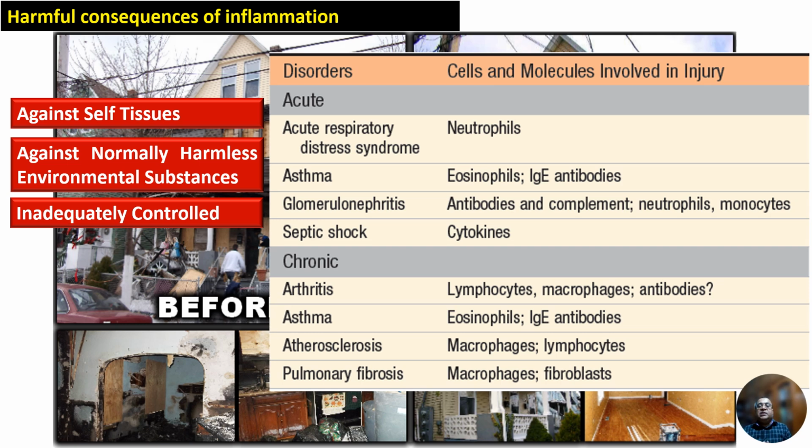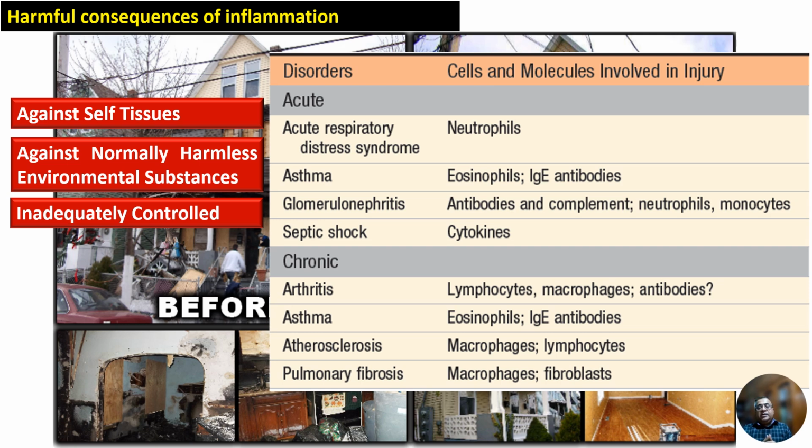In chronic disorders, some examples are arthritis, that is inflammation of the joint, and in this the lymphocytes, macrophages, and antibodies are involved.